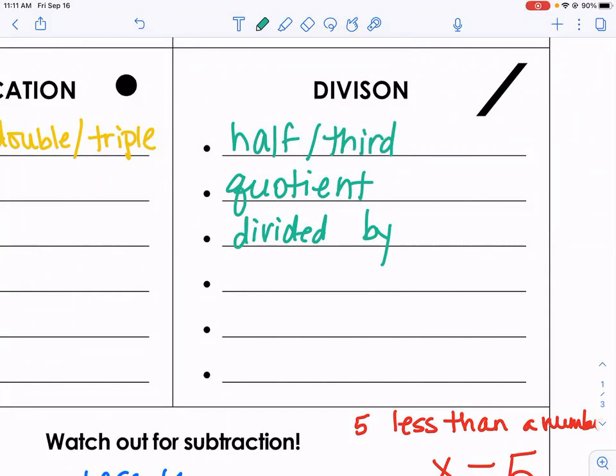Half we're dividing by 2, third, we're dividing by 3. Okay. And then one that you're probably not going to come up with without me is separate. Did I spell that wrong? If I did, just don't tell Miss Rue.